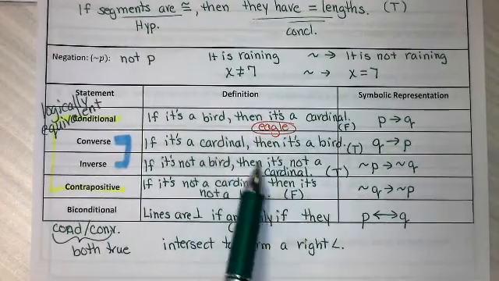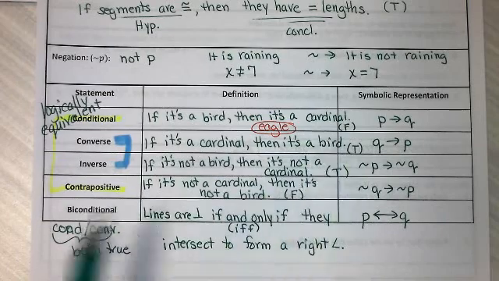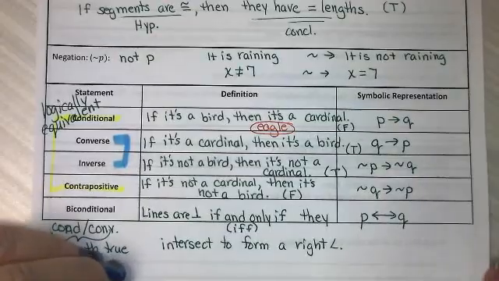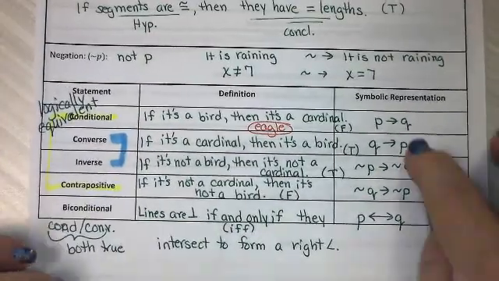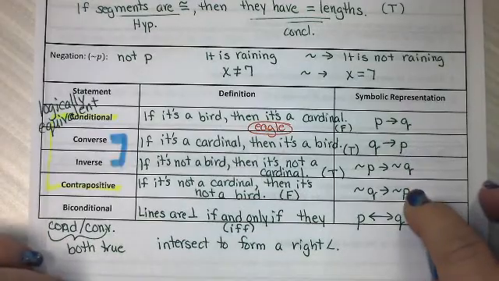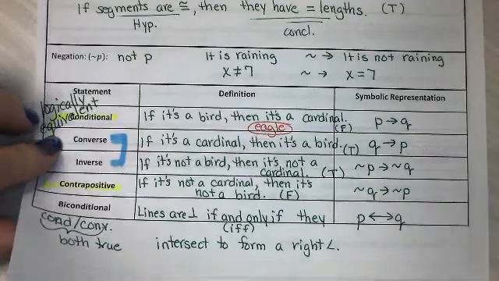So for a problem like this, we would not write a biconditional because the conditional was false and the converse was true. So you're going to practice writing statements like these with your P and Q and then your converse, inverse, and contrapositive. I will tell you we use the conditionals and converses a lot in future lessons.